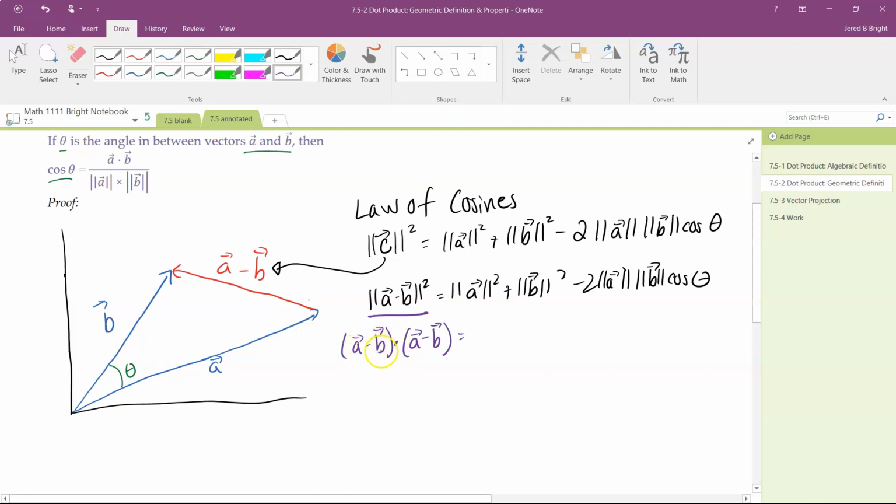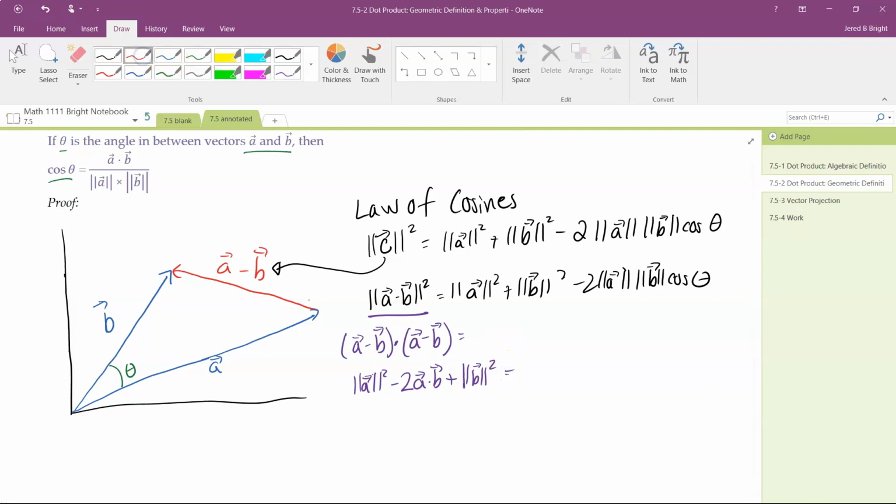If I now use additional properties of the dot product, such as distributivity, I end up with length of a squared minus 2a dot b plus length of b squared, and that's still equal to that.